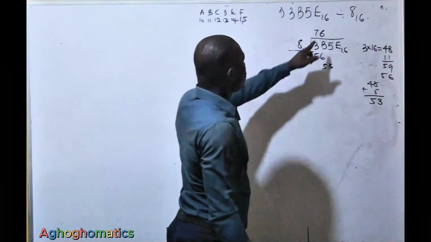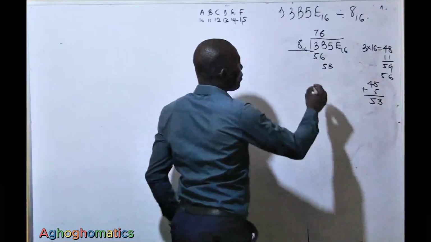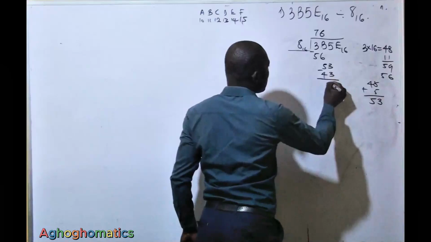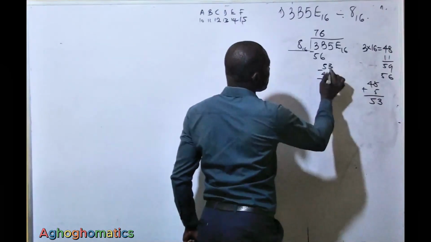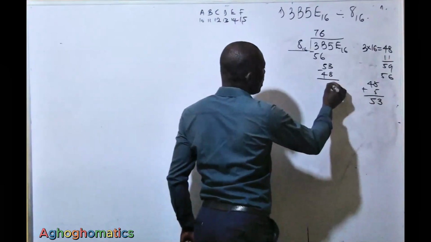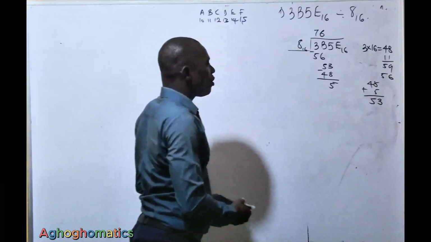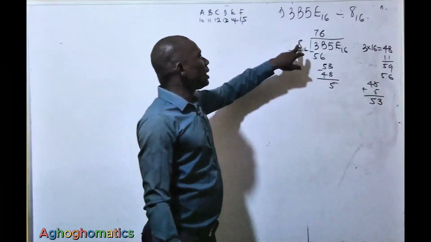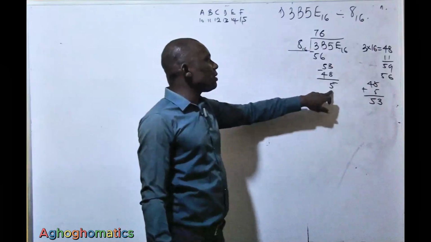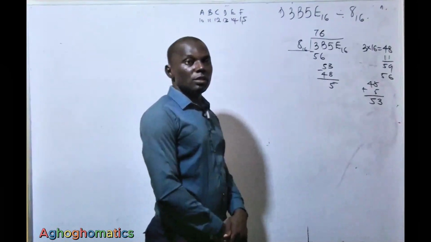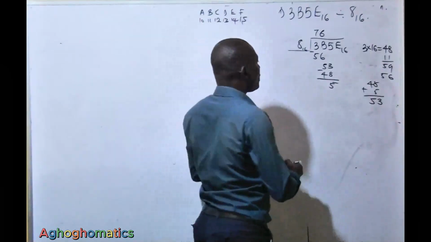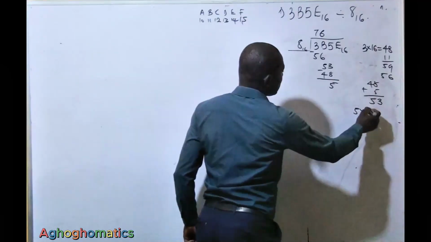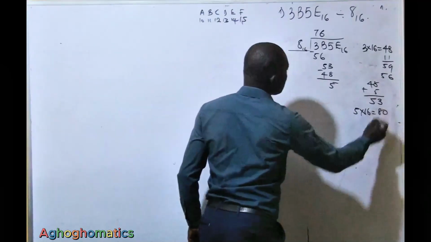If you multiply 6 by 8, what we obtain is 48. By the time we subtract, what will be left is the remainder of 5. Then the next thing we ask is, is it possible that 8 can be contained in 5? The answer is no. So we multiply 5 by 16, which is the base. 5 times 16 gives 80.